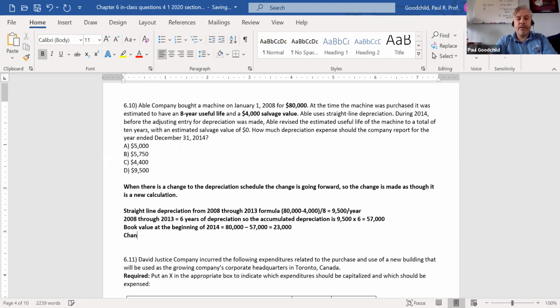And so now they've made a change to say 4 years remaining useful life. And that's going from 8 years to 10 years, of which 6 expired, and 0 salvage value. And so that information is included up above.